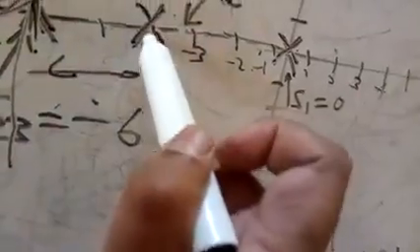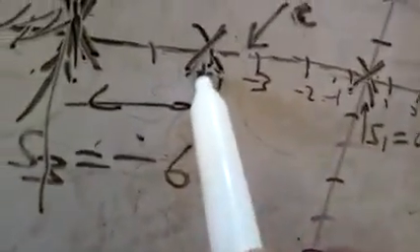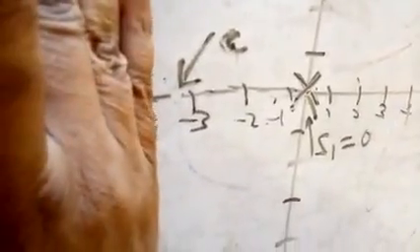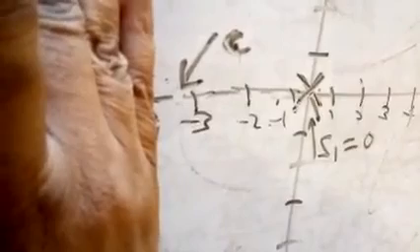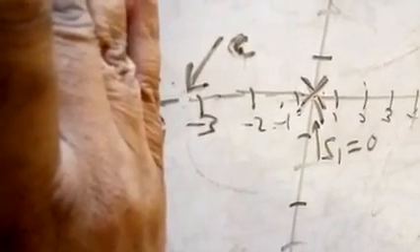Next, the third point is S is equal to minus 4. At this point, what is our observation? Our observation is that the number of poles and zeros is 1, which means an odd number.